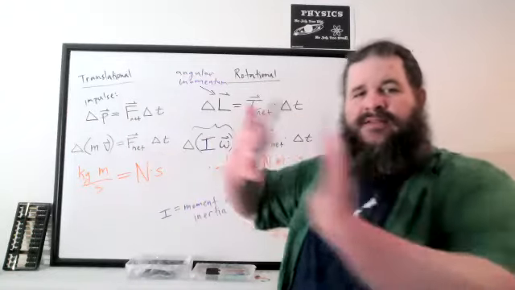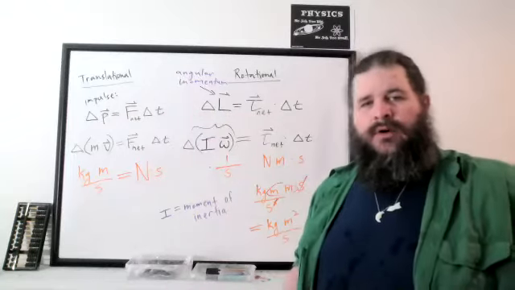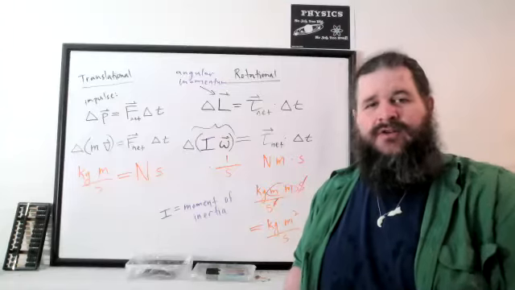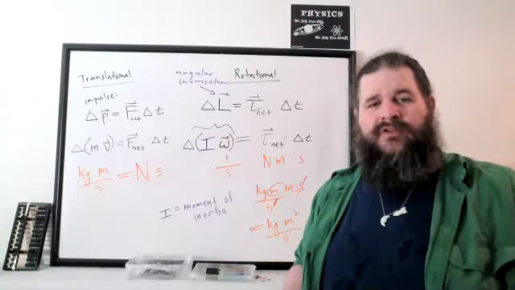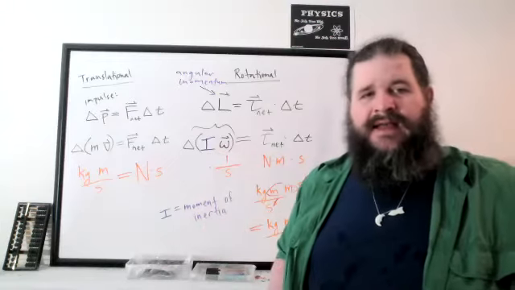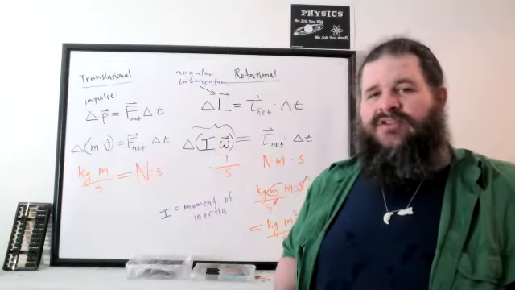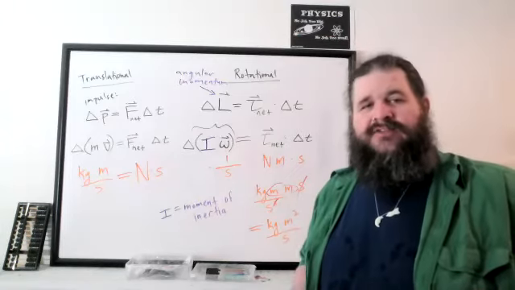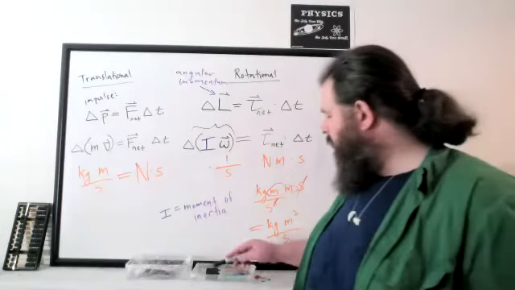Like if you want to make the object get faster or slower or change direction, mass is how difficult it is to do that. More mass means you need more force to get the same acceleration. Moment of inertia is the rotational version of that. Mass is how difficult it is to change the translational velocity. Moment of inertia is how difficult it is to change the rotational velocity.